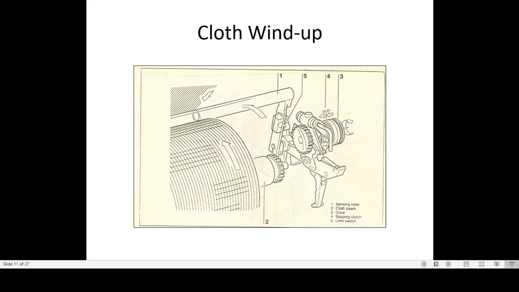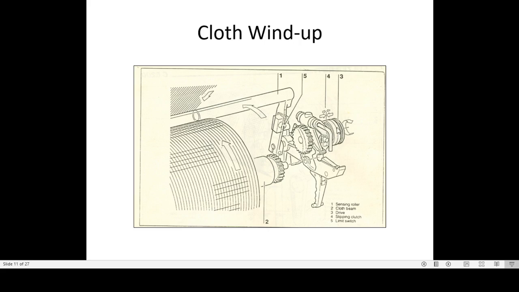But in earlier looms, in the shuttle loom, the drive for the cloth roller was friction driven by the take up roller. But here, the direct drive is given from the motor and it is synchronized with the take up roller. Here the drive comes, number 3, and a clutch is there, one fixed disc and one movable disc.